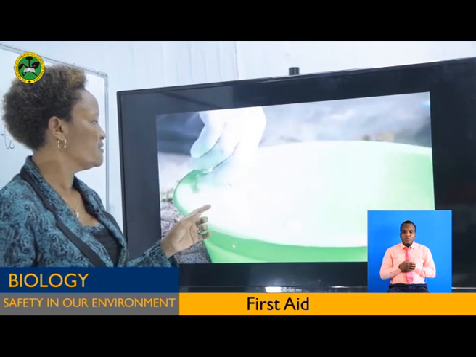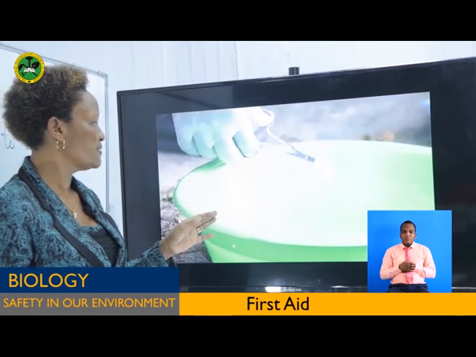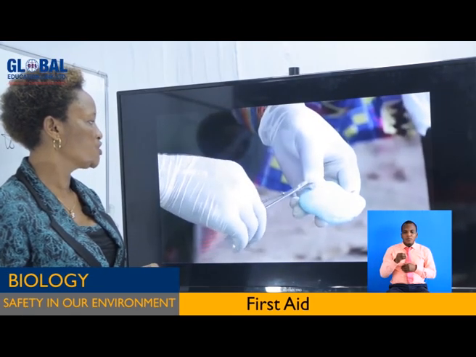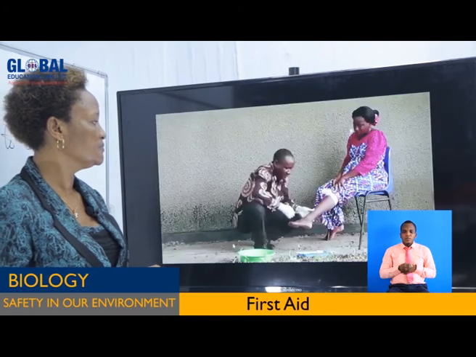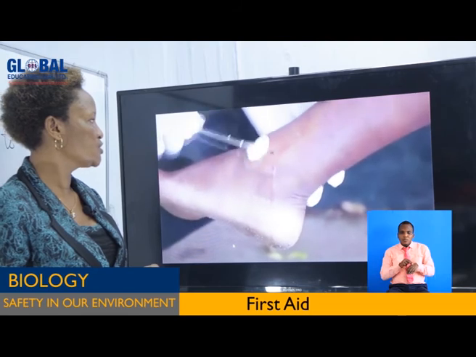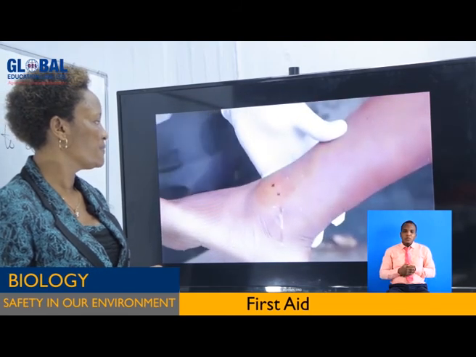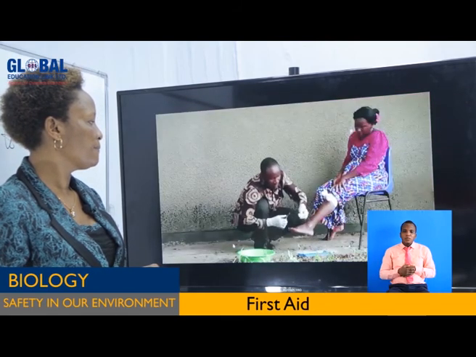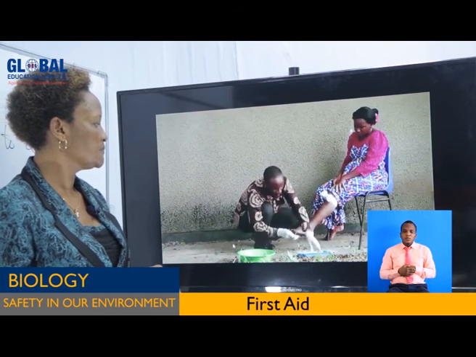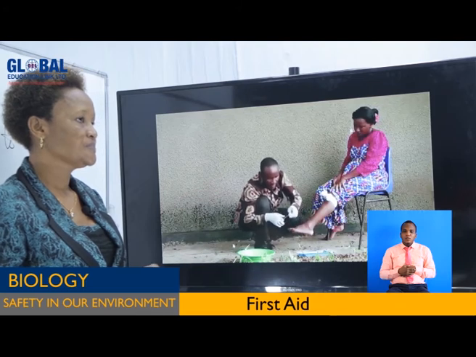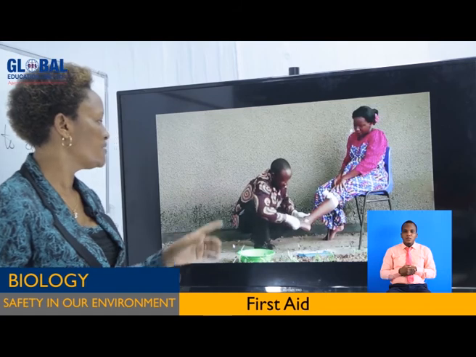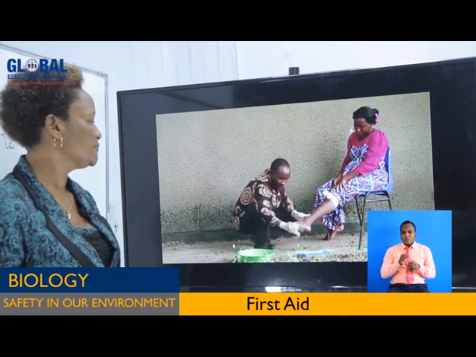That is the cotton wool and the water. That is soap. Washing the wound to remove venom around, and also dry the wound with cotton wool.